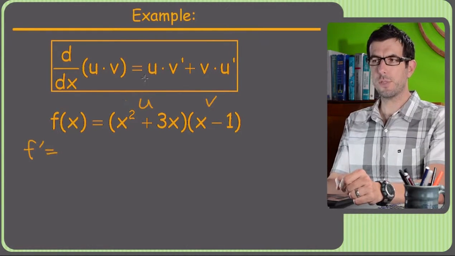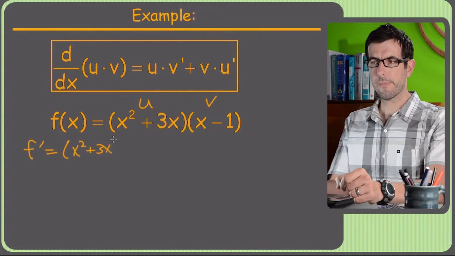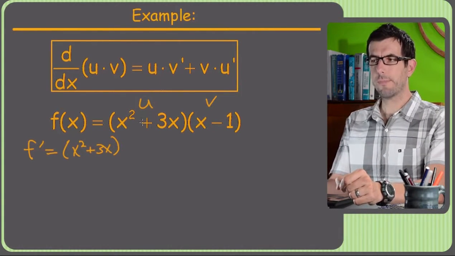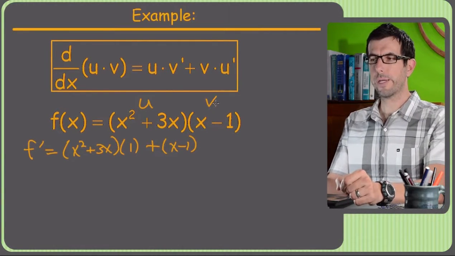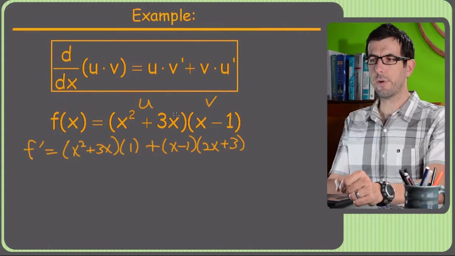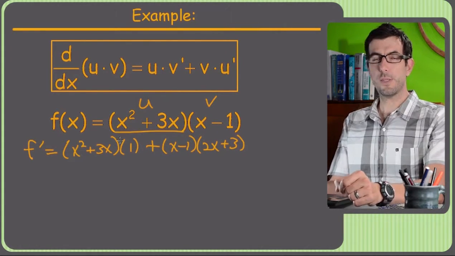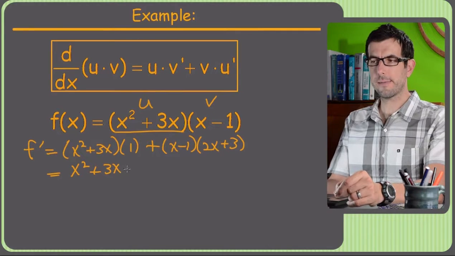All right, so we'll label this one u and this one v, and just plug and chug. F prime equals u, so that's the first one, times v prime. Oops, v prime is just 1, so that's pretty nice. Then we add that to v, which is x minus 1, times u prime. So that's going to be 2x plus 3, the derivative of u. All right, so at this point, once again, it's just a lot of algebra. That's how it goes. x squared plus 3x.